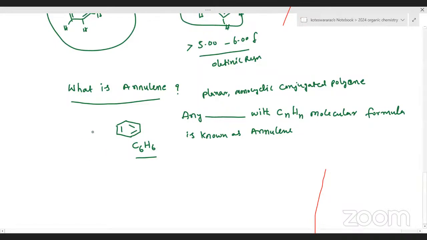The first and best example is benzene. Here annulenes may be aromatic or anti-aromatic or non-aromatic. That depends on their property, but that need not be aromatic. Now, how is it shown? C6H6. Annulene is always named as [N]annulene, where N is equal to the number of carbons.